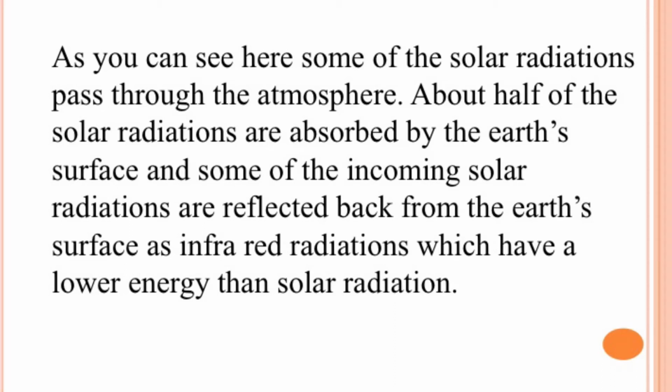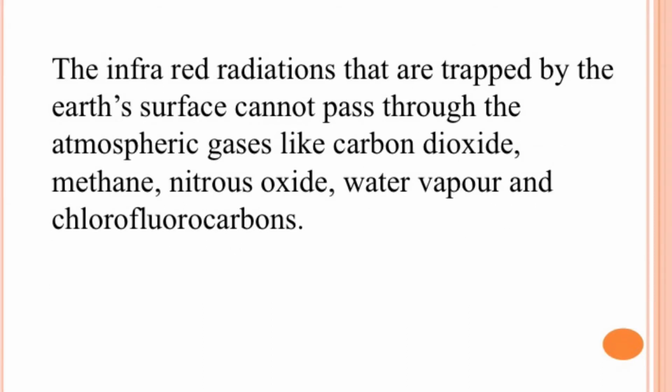the incoming solar radiations are reflected back from the Earth's surface as infrared radiation, which has a lower energy than solar radiation. The infrared radiations which are trapped by the Earth's surface cannot pass through the atmospheric gases like carbon dioxide, methane, nitrous oxide, water vapor and chlorofluorocarbons.